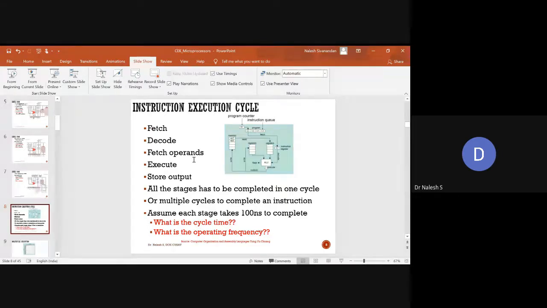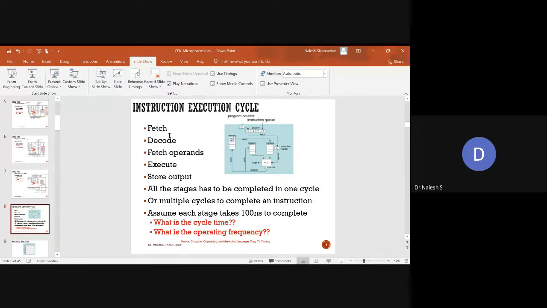If you have 5 stages and each stage takes 100 nanoseconds, and we need one instruction to be completed in one cycle, how much time is taken for the completion of one instruction? What is the total time taken to complete an instruction? Can anyone answer that?